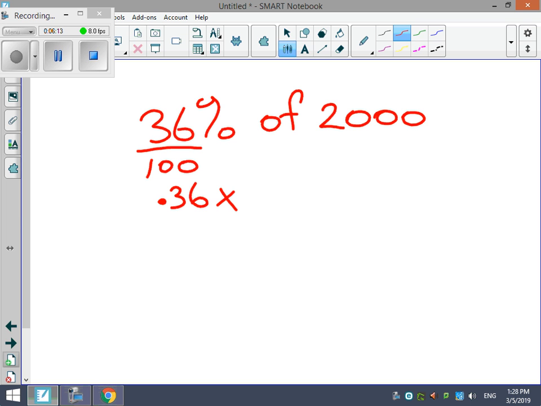Of means multiplication. And you're going to multiply decimal 36 times 2,000. Decimal 36 times 2,000 is equal to 720. 36% of 2,000 is 720.